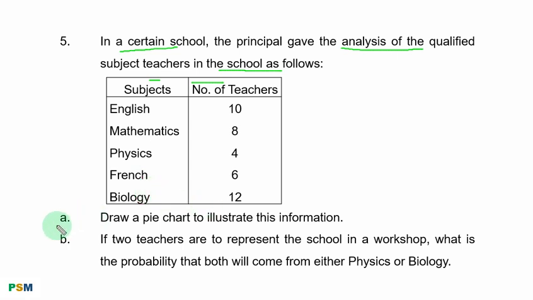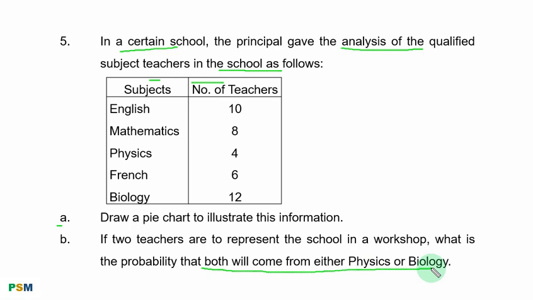A part of the question: draw a pie chart to illustrate this information. B. If 2 teachers are to represent the school in a workshop, what is the probability that both will come from either physics or biology?